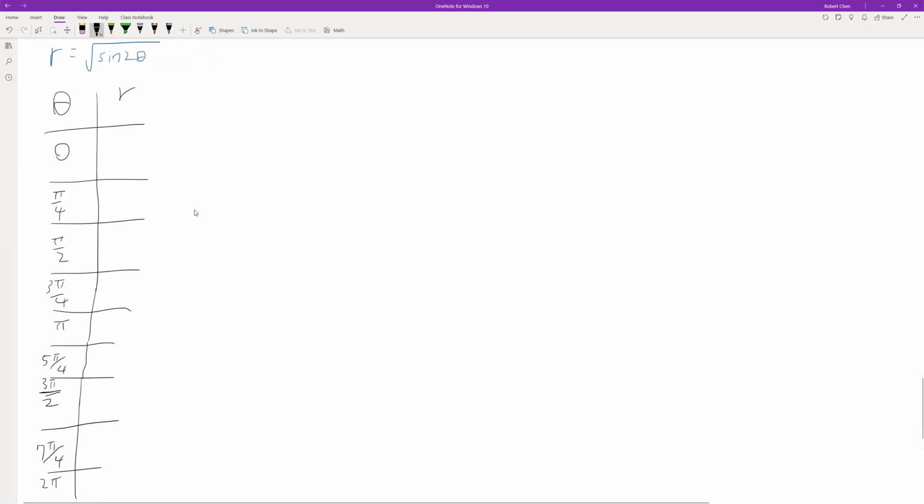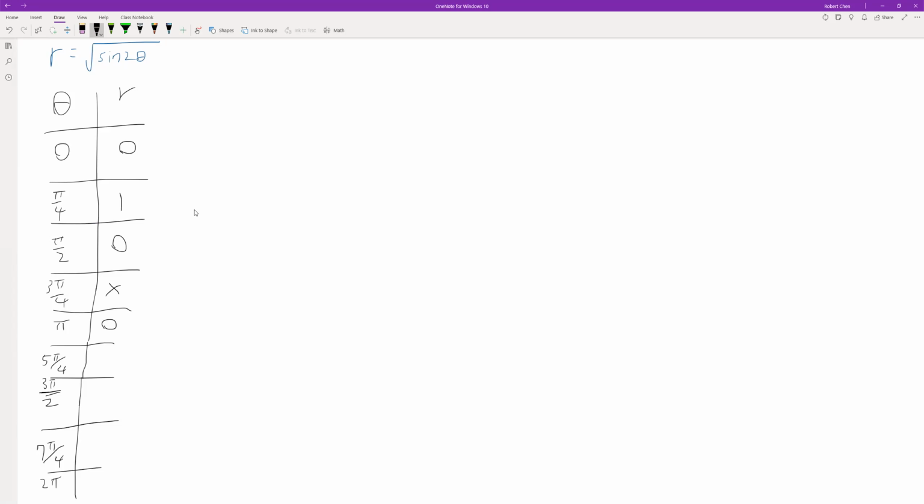All right, sine of 0 is 0. Sine of pi over 4 times 2, that's 1, right? And sine of 2 times pi over 2, that's sine of pi, which is 0. Sine of 3 pi over 2, which is negative 1, right? But square root of negative 1 is imaginary, right? So does not exist. All right, and sine of 2 pi, it's 0.